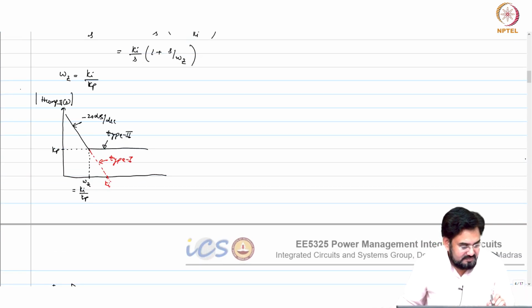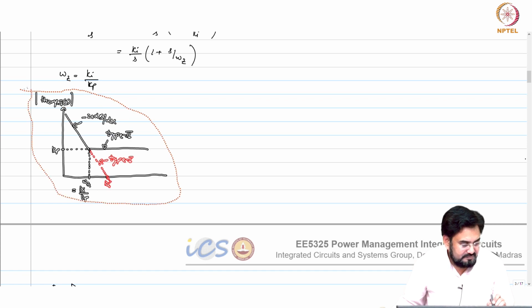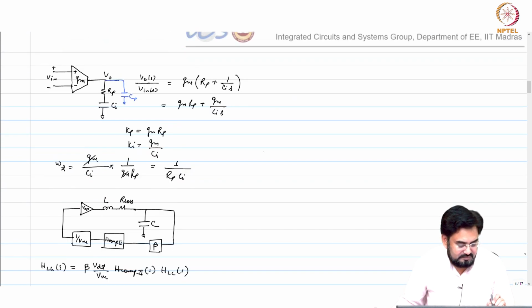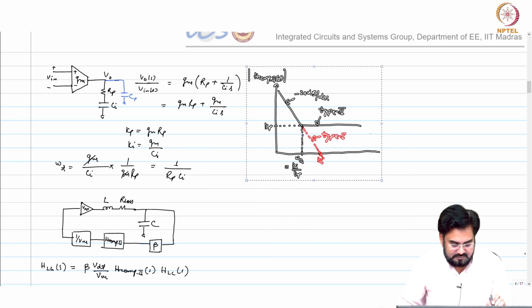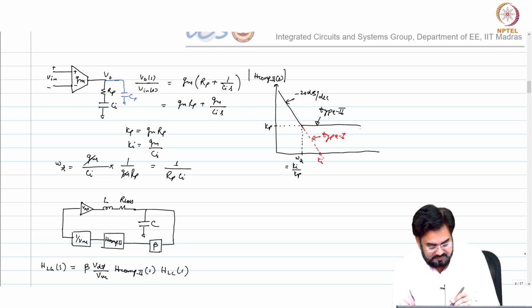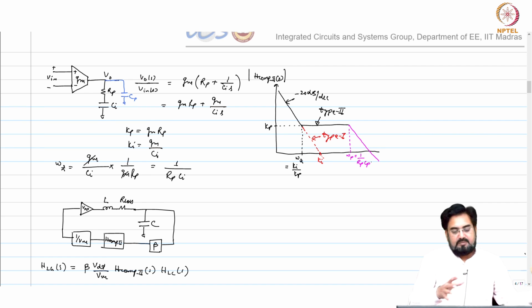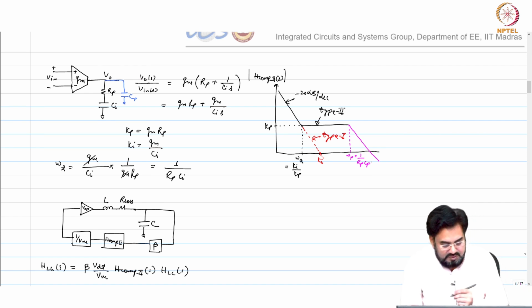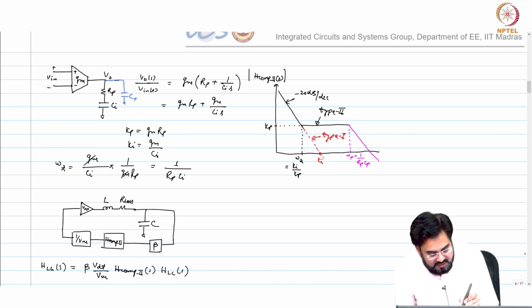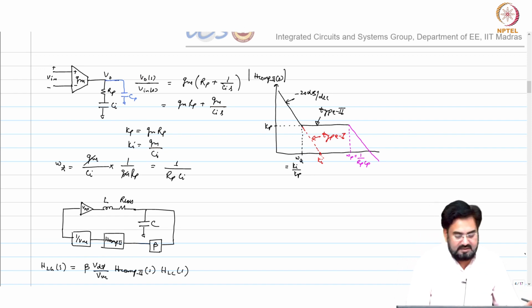This gain will get modified with this, and your UGB should be somewhere between omega z and omega p.